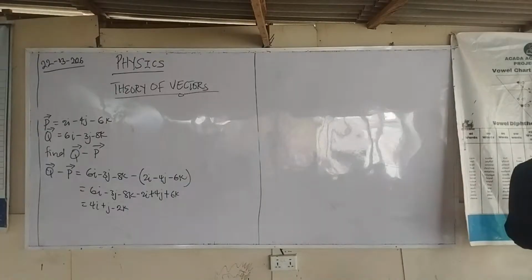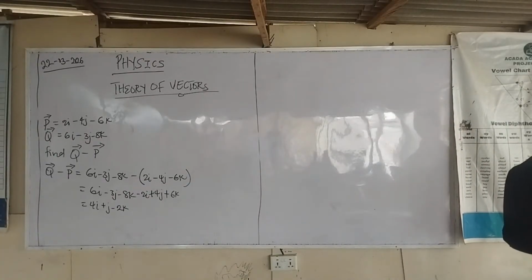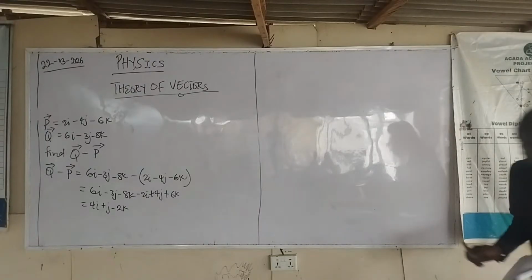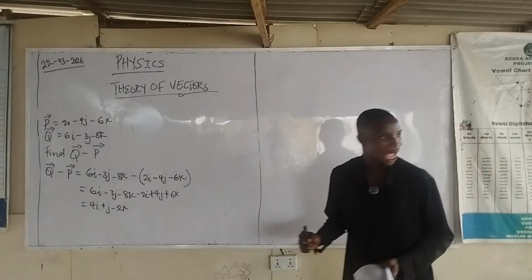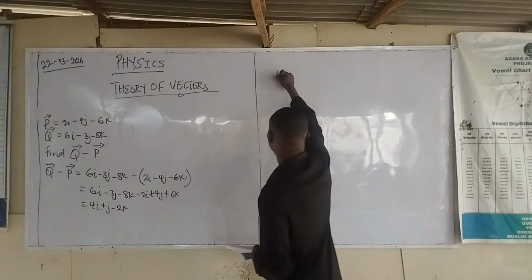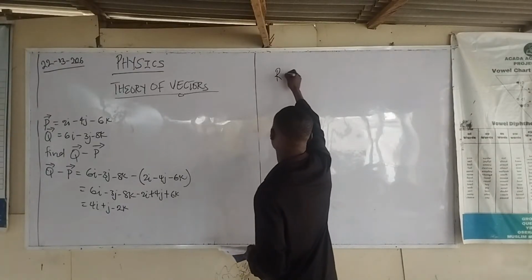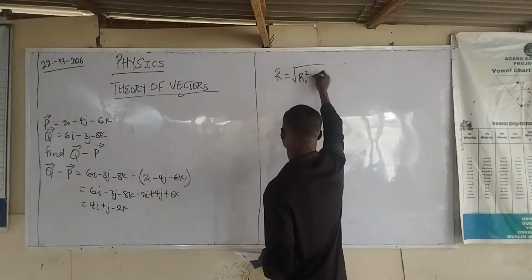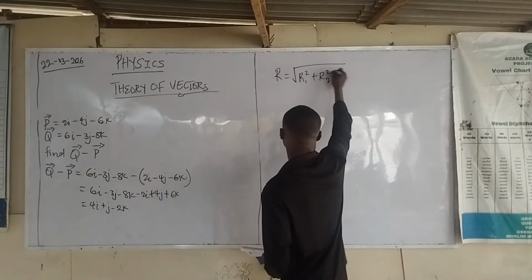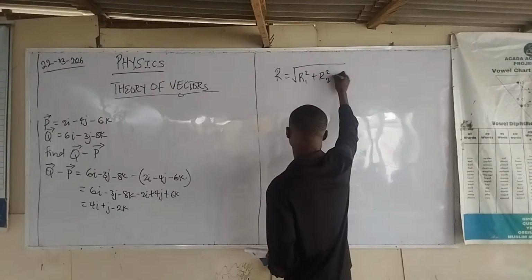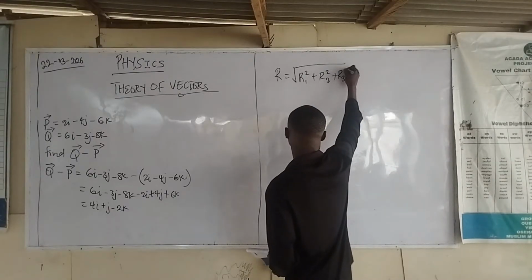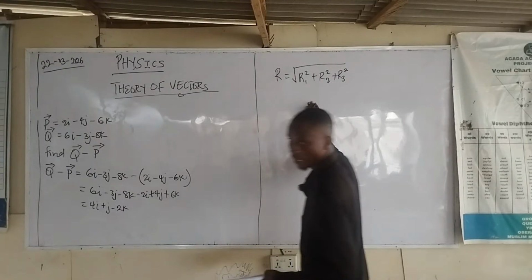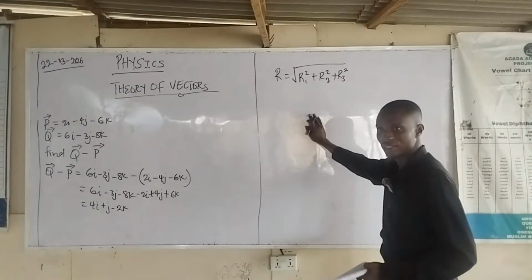Remember, what was the formula I gave you guys for the resultant of a vector in 3 dimensions? R equals root of R1 squared plus R2 squared plus R3 squared in 3 dimensions. Yes, that's the resultant.